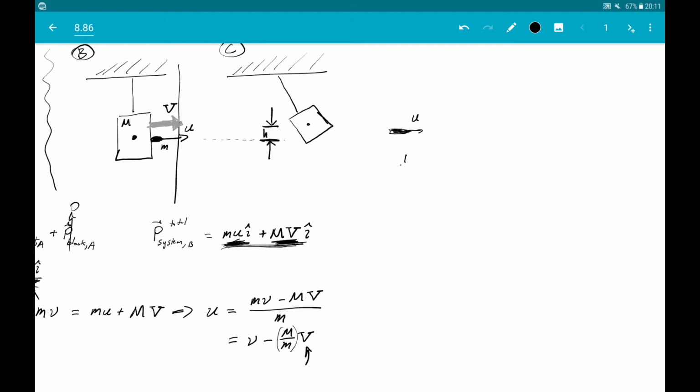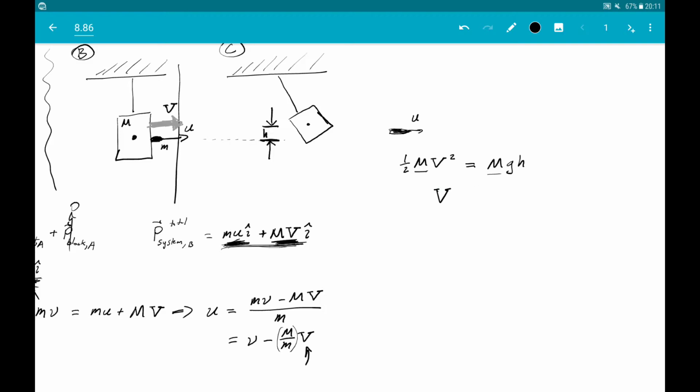And that's just an energy conservation thing. So it had kinetic energy 1/2 big M, big V squared, getting transferred into gravitational potential energy. Look at that. M cancels on both sides.